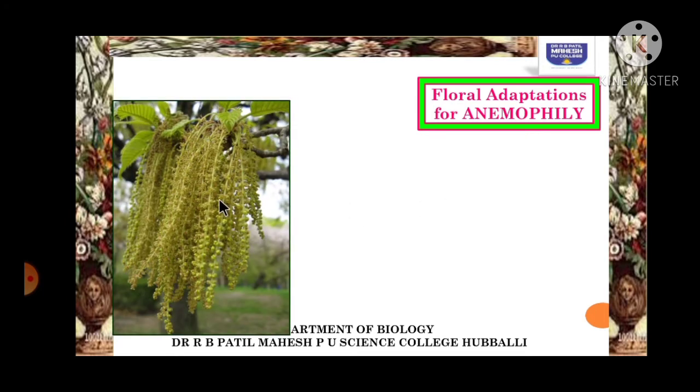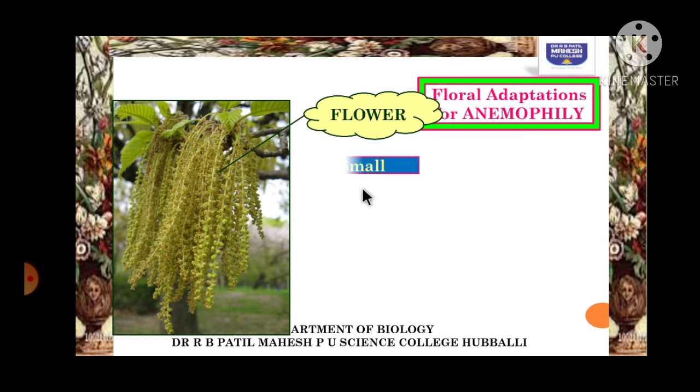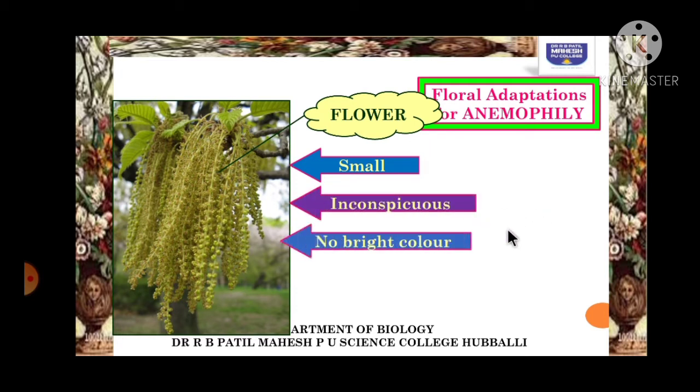You can see here in the image, the flowers which are getting pollinated through the agency of the wind will be small in size. They will not be beautiful, so they are called inconspicuous. They are not brightly colored, as they are not going to attract any organism.